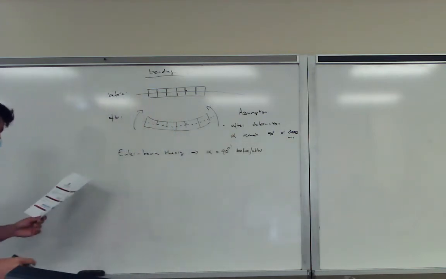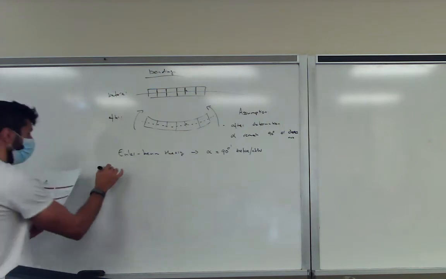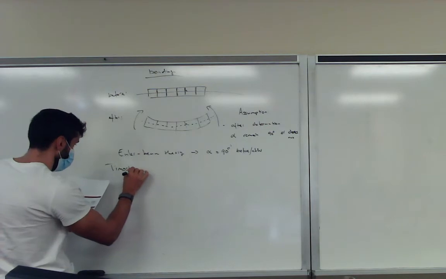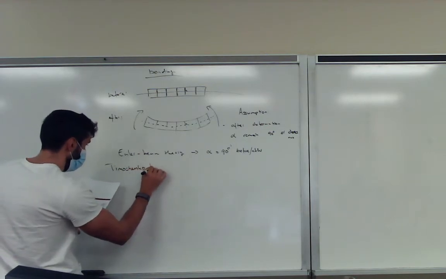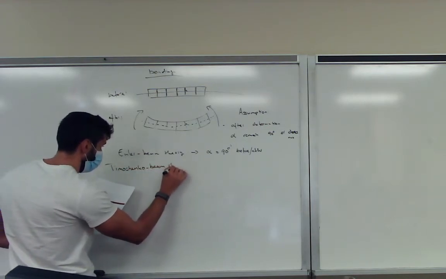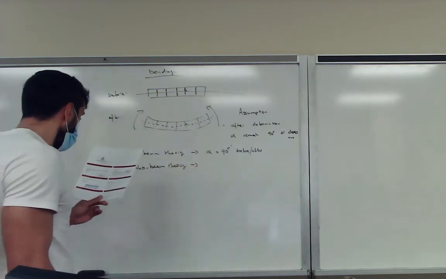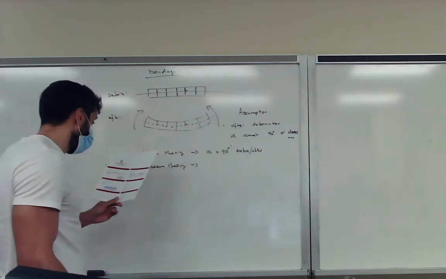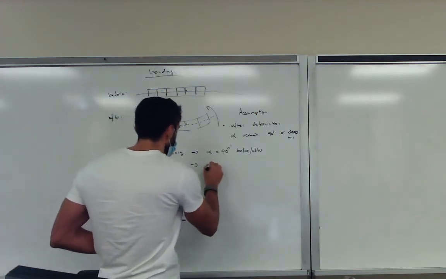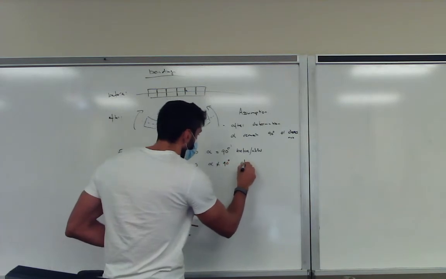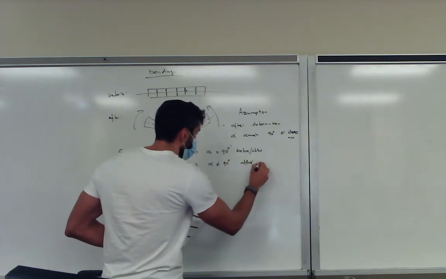And the other one is known as Timoshenko beam theory. This one says the angle does not remain 90 degrees after deformation.